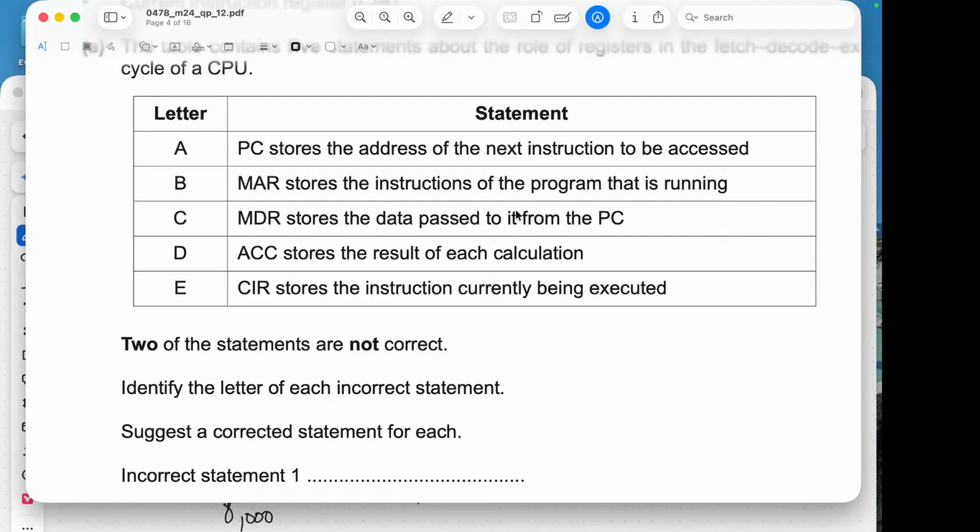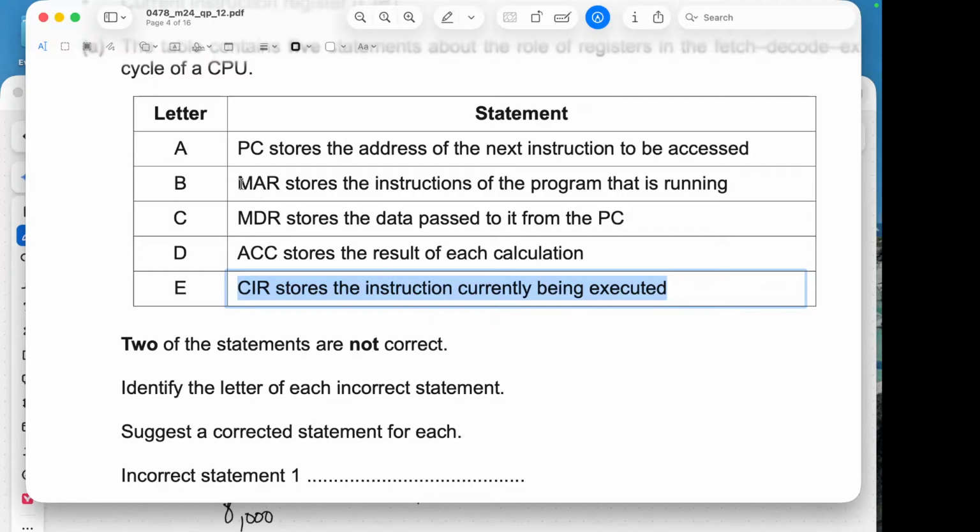So there's a couple of answers there. I'll tell you which are the incorrect ones. The incorrect ones are B and C. The MAR and MDR are both the incorrect ones. The PC, the program counter, stores the address of the next instruction to be accessed. The accumulator stores the result of each calculation. And the current instruction register stores the instruction currently being executed. Yeah, the PC is the to-do list.